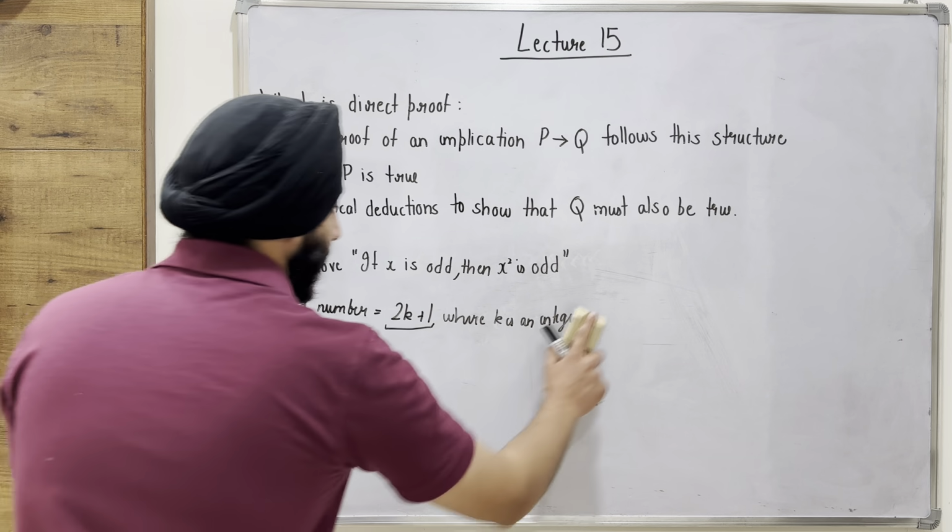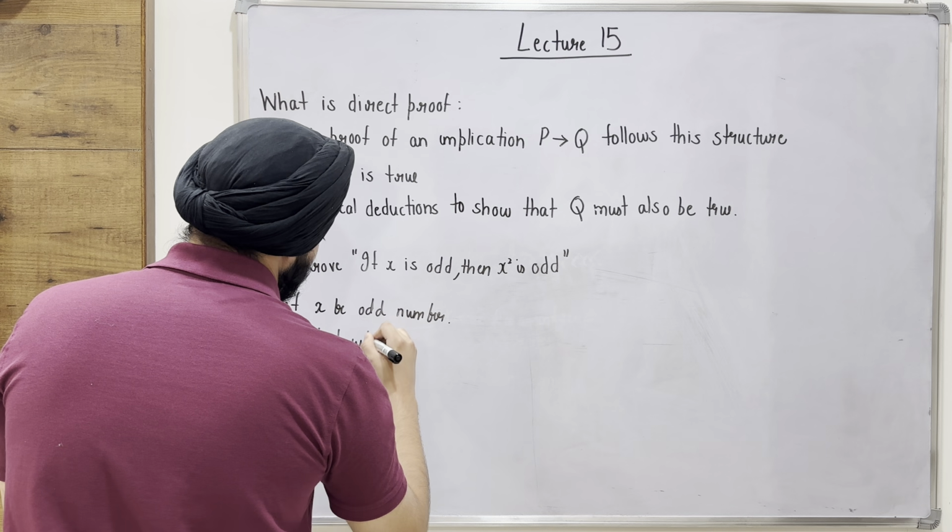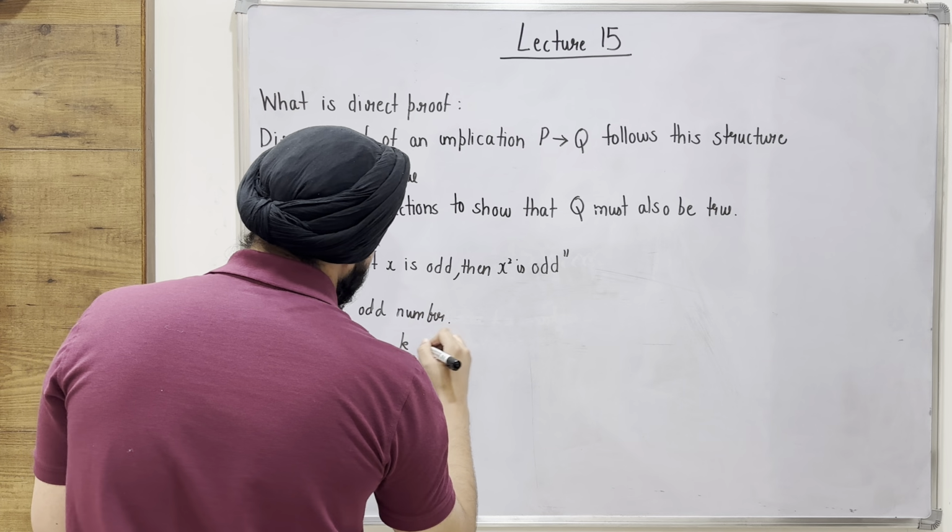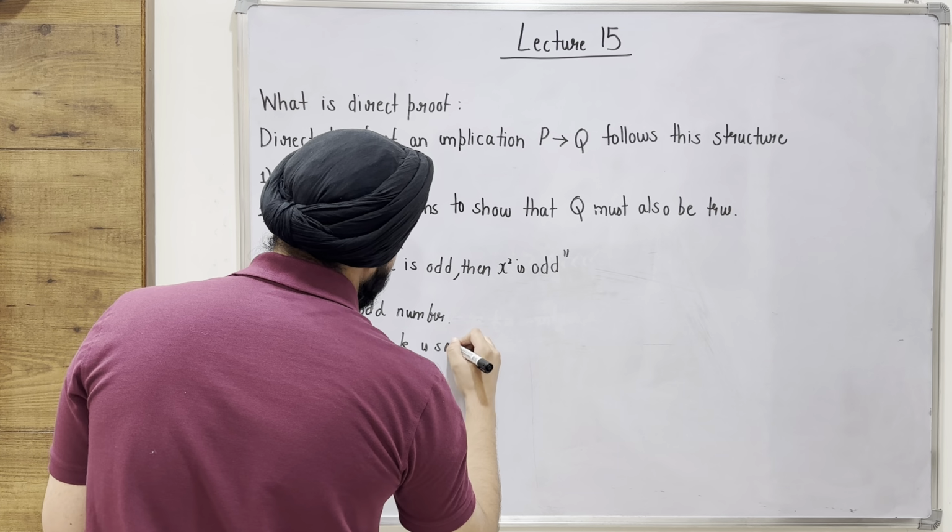First thing, just like given over here, assume p is true. So let x be an odd number, x equal to 2k plus 1, where k is some integer.